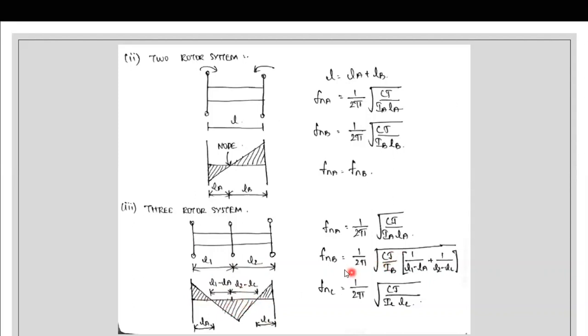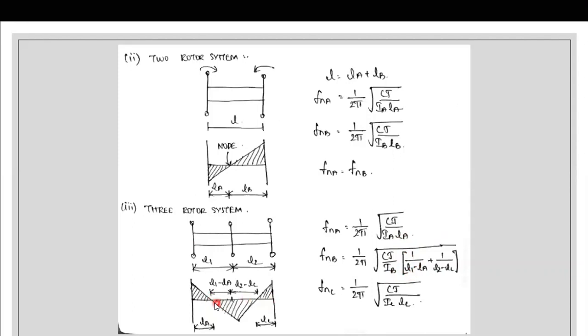The formula is the same for all three, with just a small variation. The frequency for rotor B is 1 by 2 pi, root of CJ by Ib, the same. The only thing is that the length alone will vary. Since length is in the denominator, I am writing it as 1 by L1 minus LA.